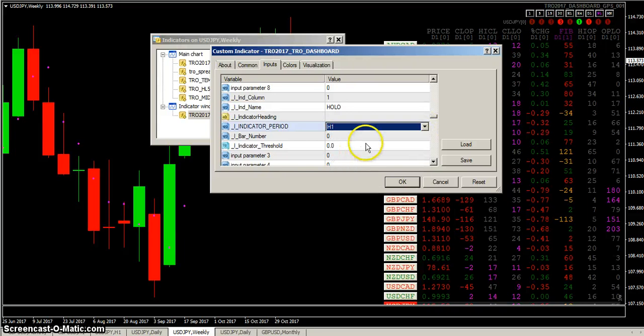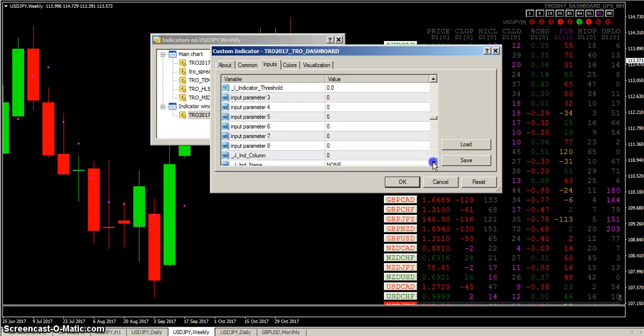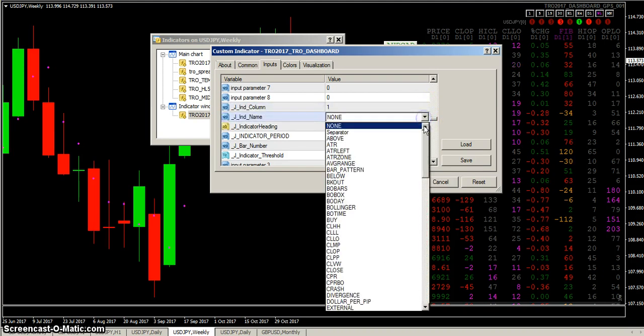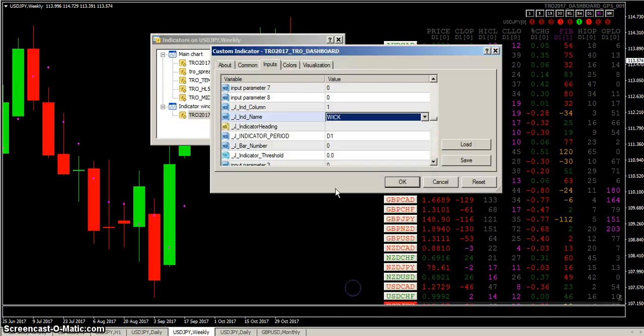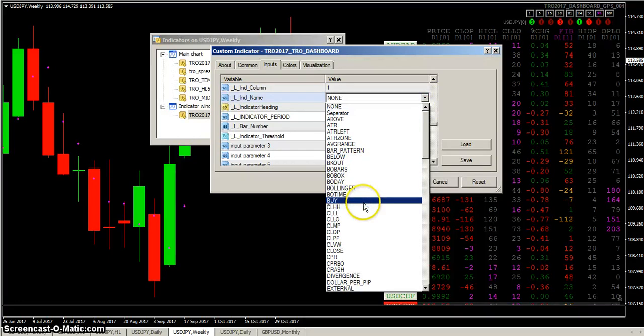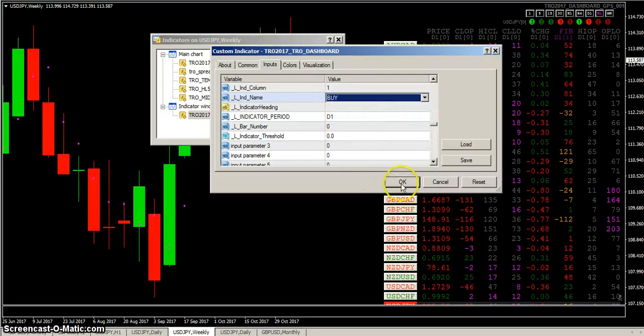Let's do H1, and then J column, we can just stack them in there. We can do a wick zone. Let's do D1 again, and then here column L, let's do the buy zone and the daily once again, except here we have to have a threshold. Let's put 7 pips.